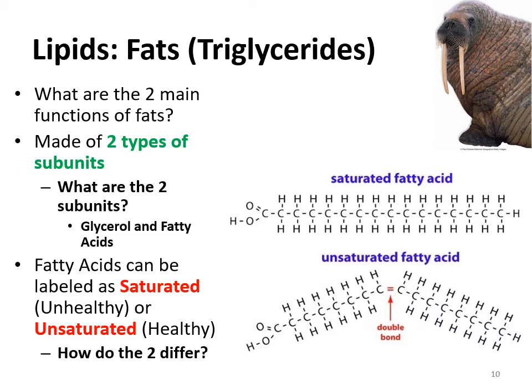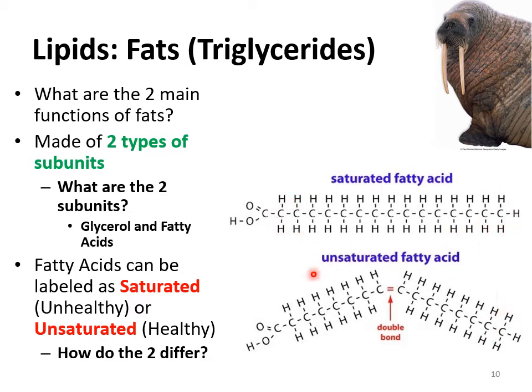These subunits are the fatty acids and glycerol. The fatty acids are the long chains of hydrocarbons, meaning carbons and hydrogens. These are the fatty acid chains. This is one big fatty acid chain here.